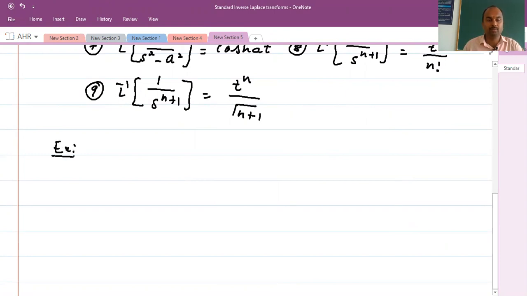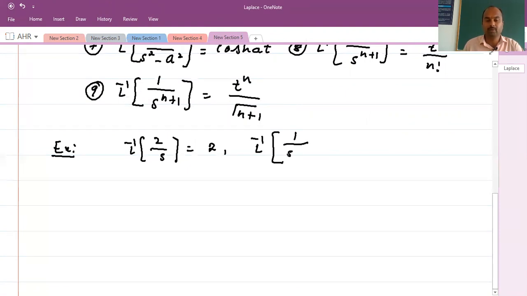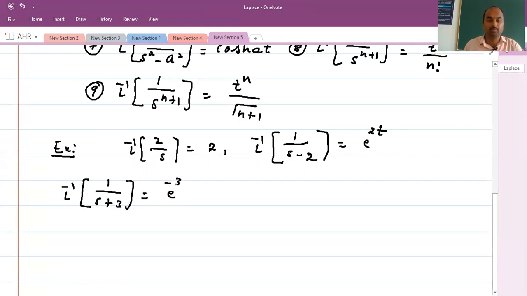Example: the inverse Laplace of 2 by s means it is 2. The inverse Laplace transform of 1 by s minus 2 is e to the power of 2t. The inverse Laplace transform of 1 by s plus 3 is e to the power of minus 3t.